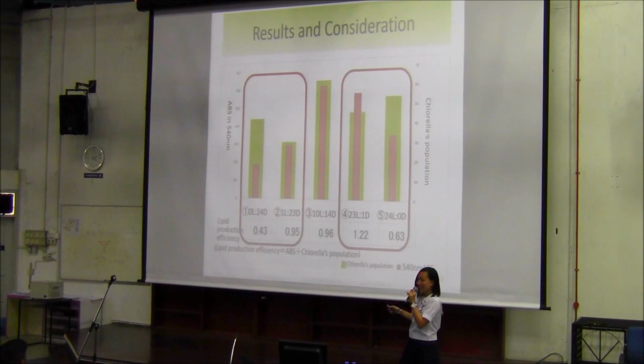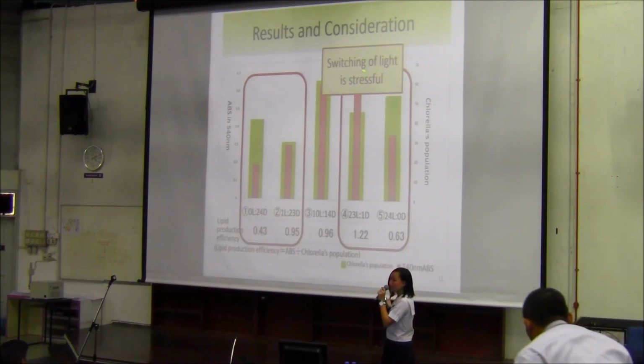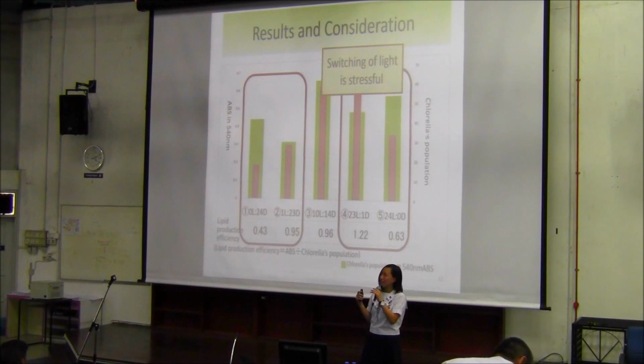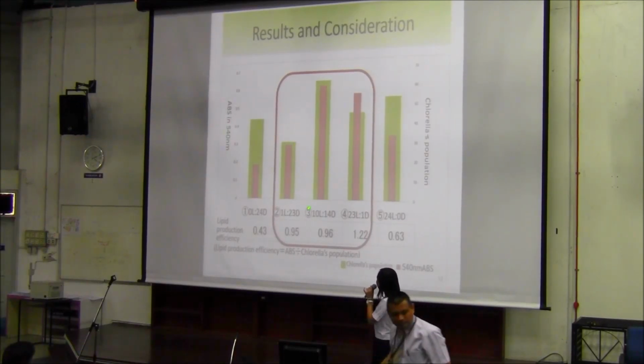We think this is because conditions number 2 and 4 have a switch of light, but number 1 and 5 don't. So we think switching of light is stressful for Chlorella and it leads to an increase in the lipid production of Chlorella.